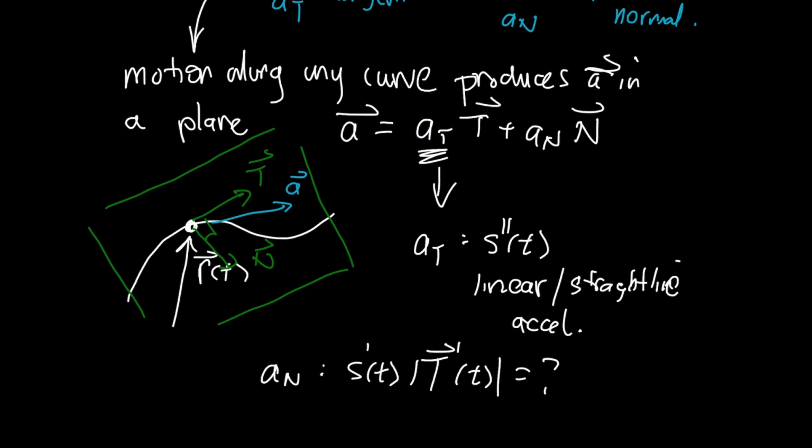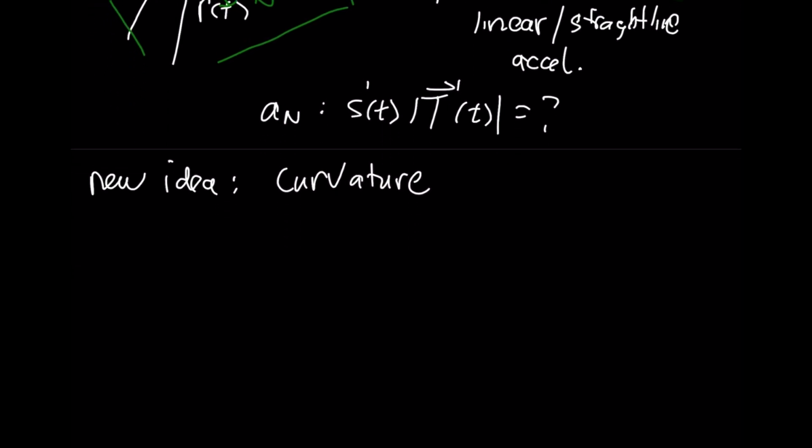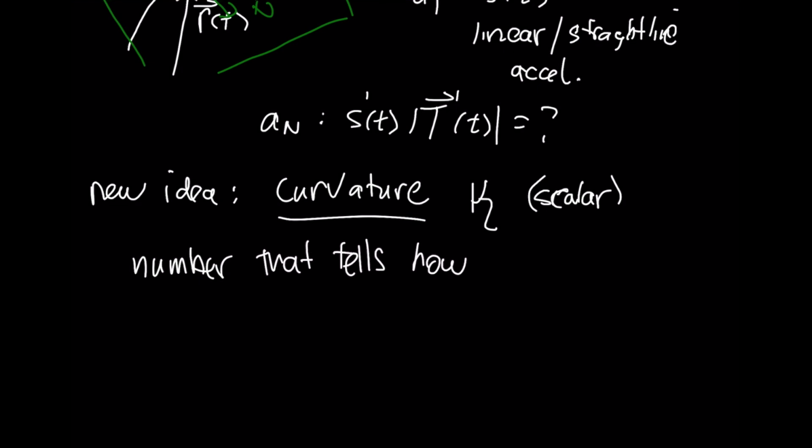So we're going to introduce another new idea, something called curvature. Curvature is a number that tells how much the curve changes direction as we walk along the curve.